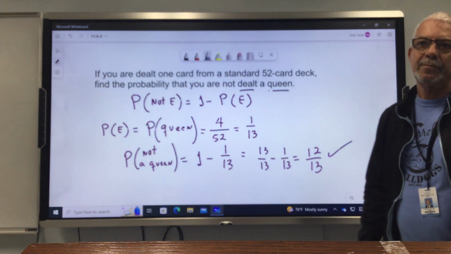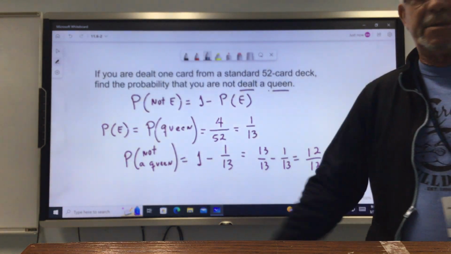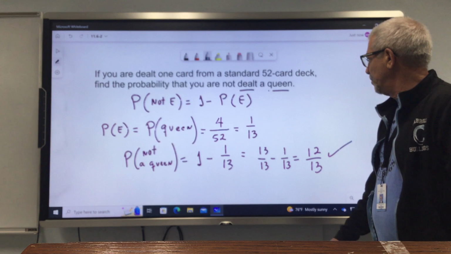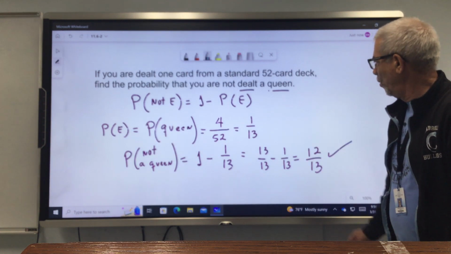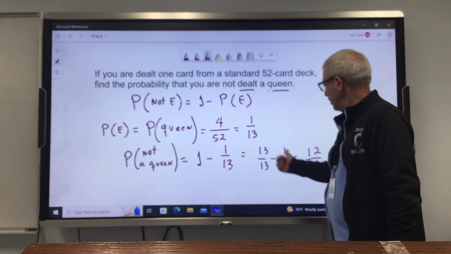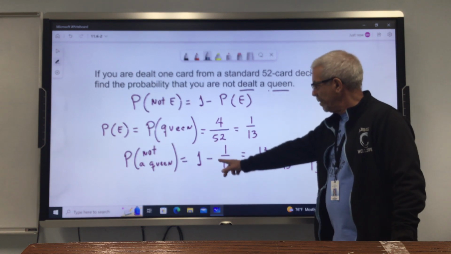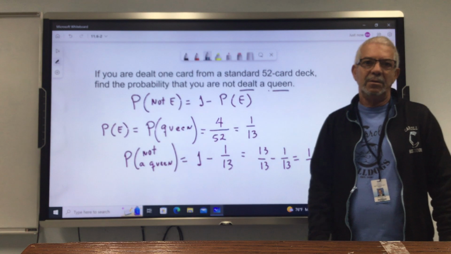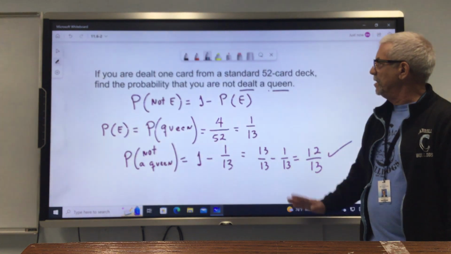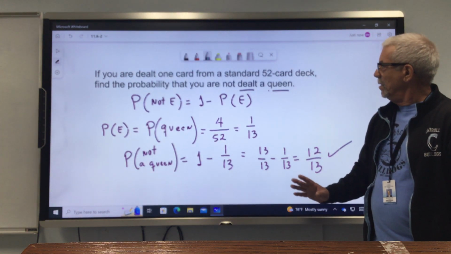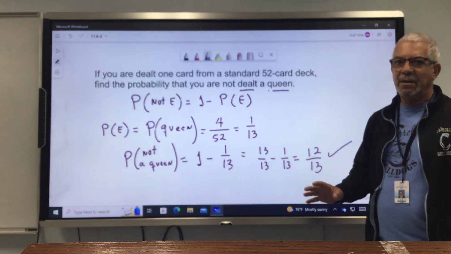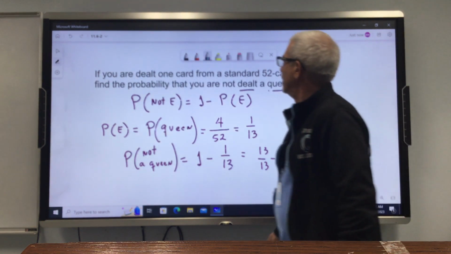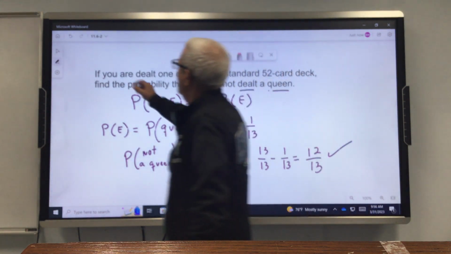And that's it. All right? It's very simple. You only need to use the formula and solve this operation, 1 minus 1 over 13. This is the first objective today, that you need to know how to use that formula. Let's see the second now.